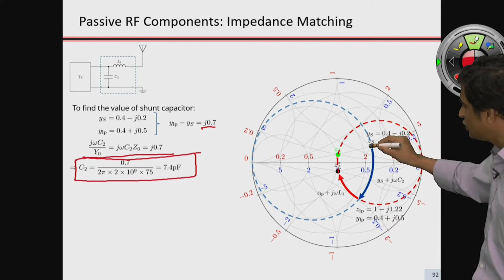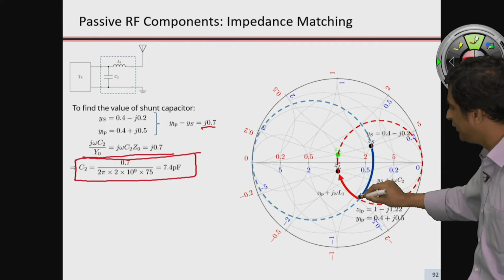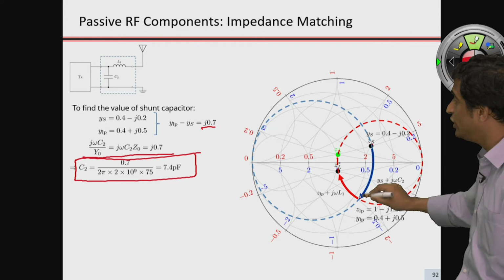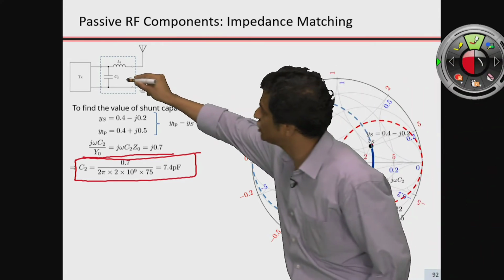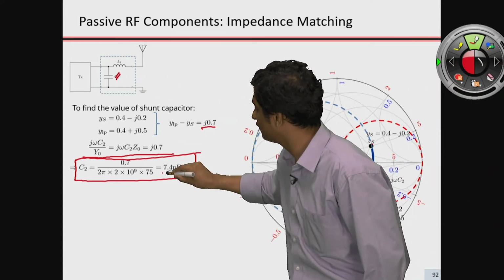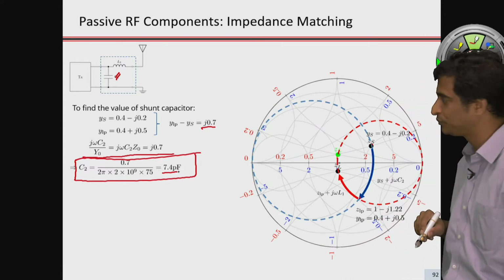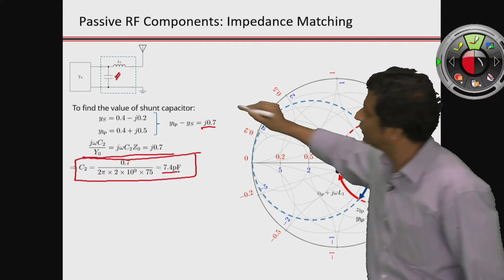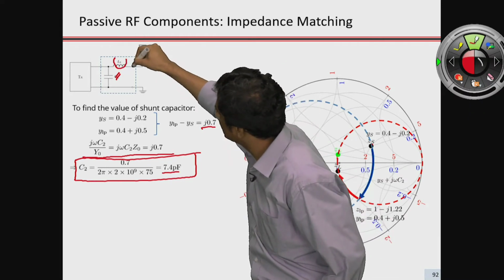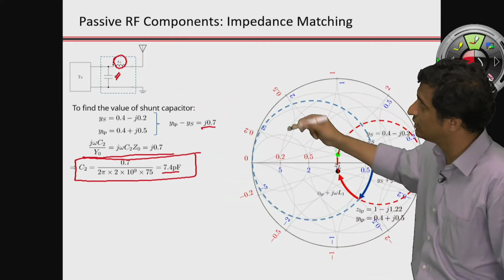So to move from this source point to this intermediate point y1p, we would need to connect a capacitor in shunt, and the value of the capacitance is 7.4 picofarad.